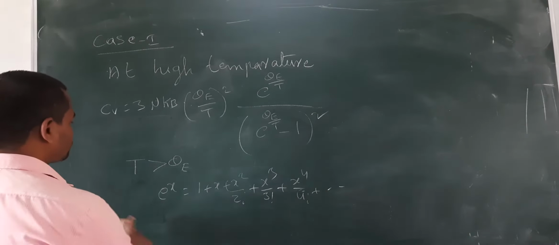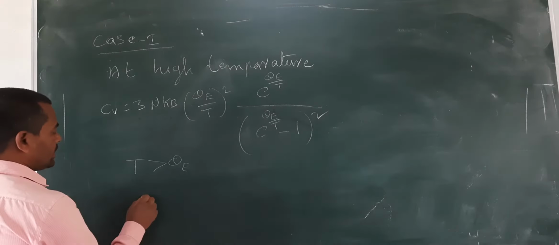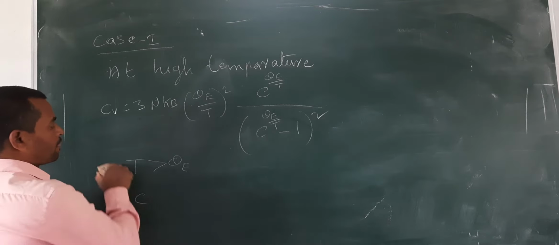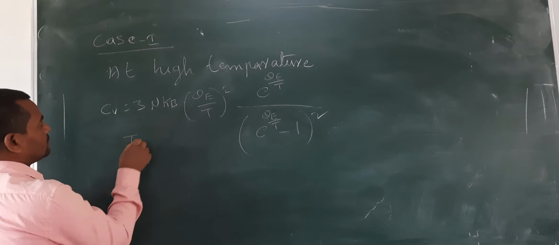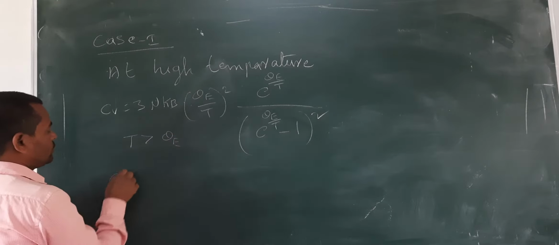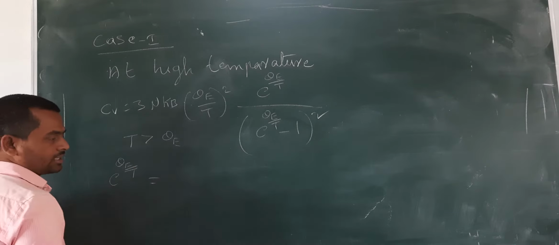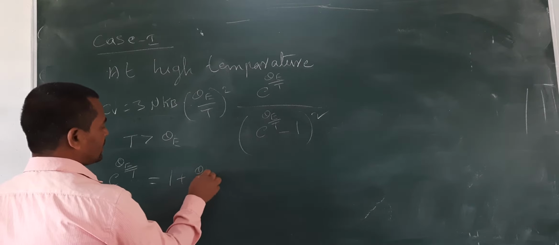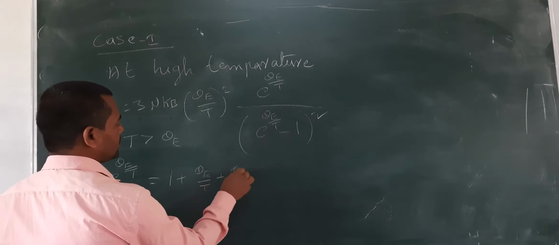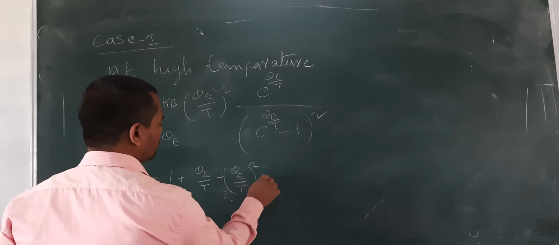See here, e to the power theta E by T is 1 plus theta E by T plus (theta E by T) square by 2 factorial plus so on.